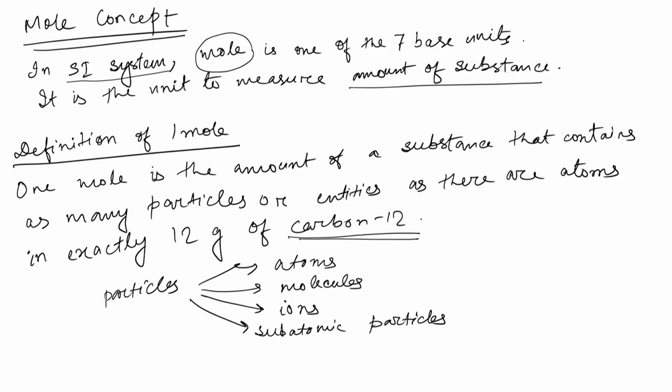So, let's say the atomic mass of carbon-12 is 12 AMU. Now, if we take 12 grams of carbon-12, there will be a certain number of atoms present in 12 grams of carbon-12. This number of particles was termed as 1 mole.